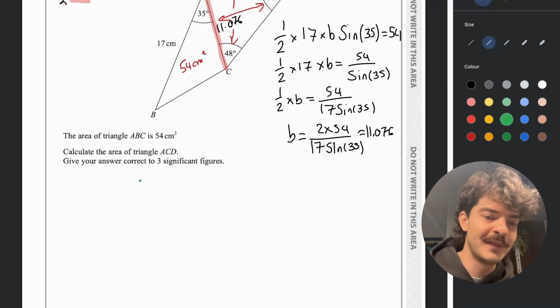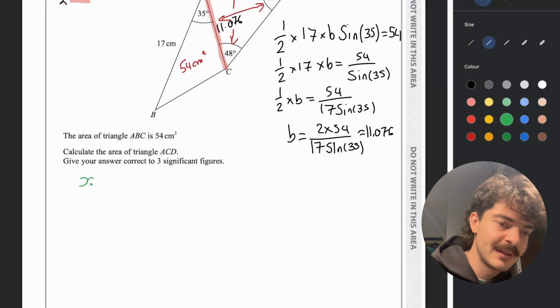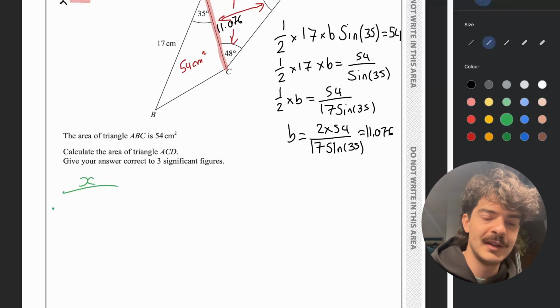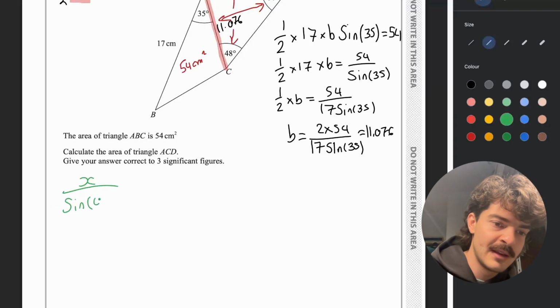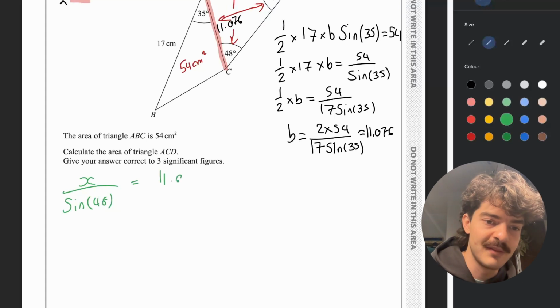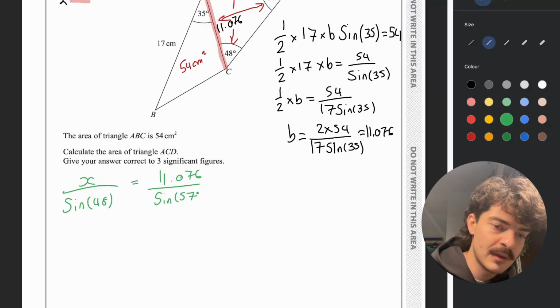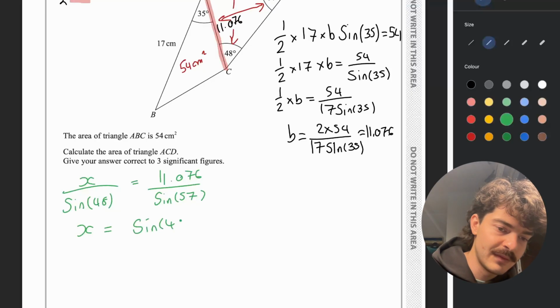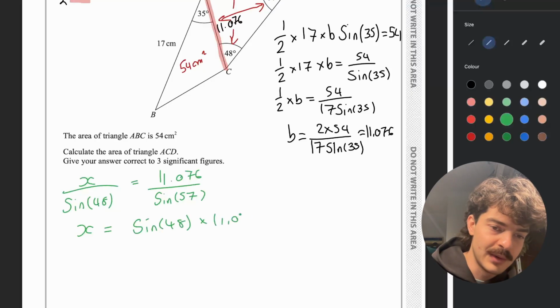So we've got our x value, let's say it's that length, over its associated angle, sine 48. And we know that this is going to be equal to the length that we just found, 11.076, over sine of 57. We can rearrange this so that x is equal to sine of 48 times 11.076 over sine of 57.